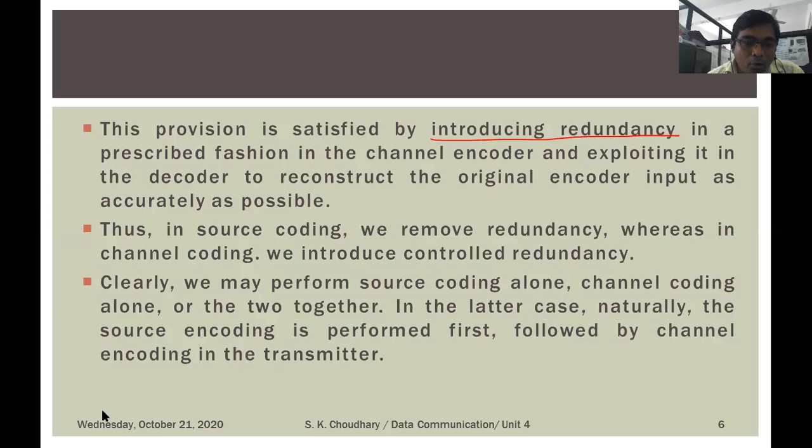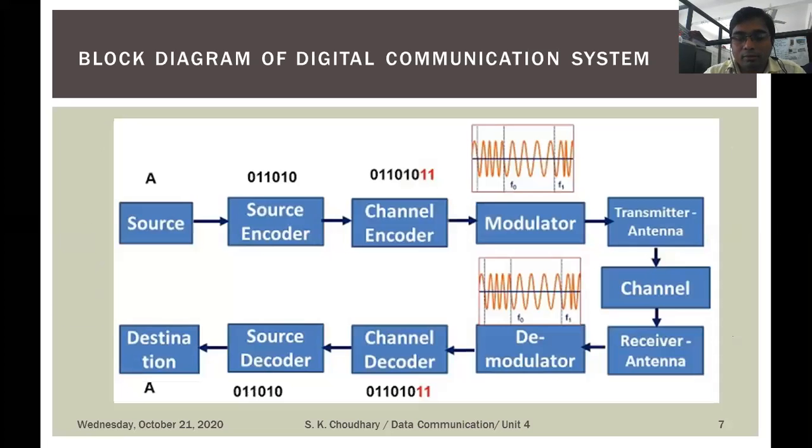But if we implement channel coding and source coding together, source encoding is performed first and channel encoding after that in the transmitter section. At the receiver section, channel decoding is first and source decoding at the last. So this is the sequence of operation.